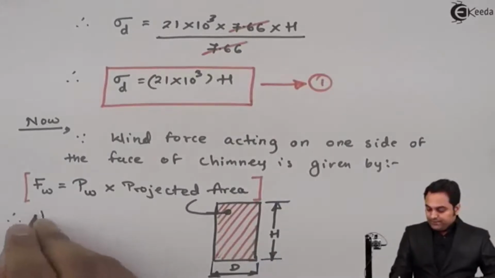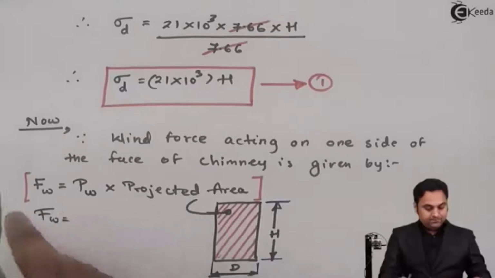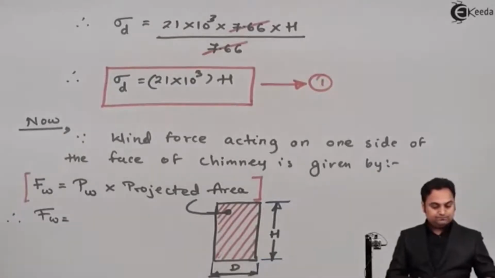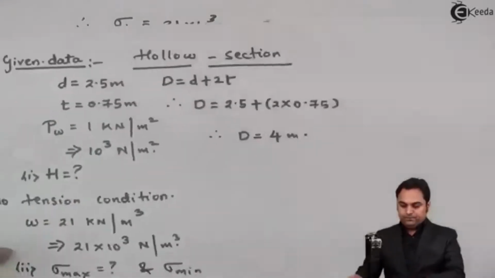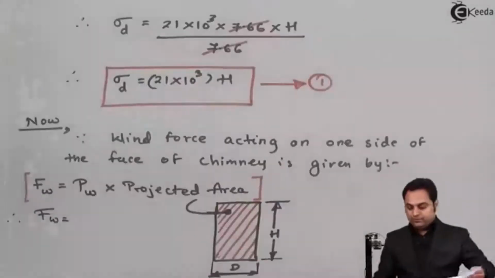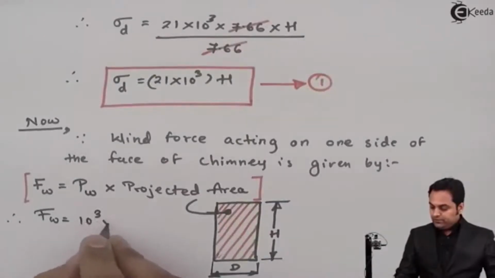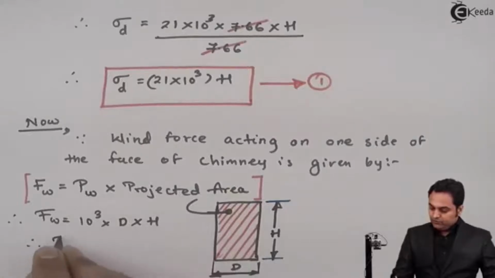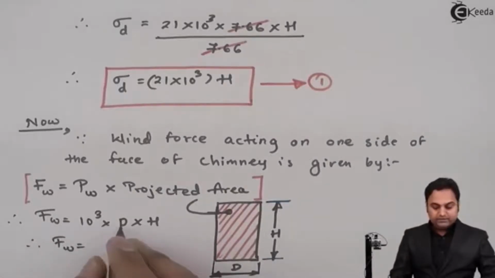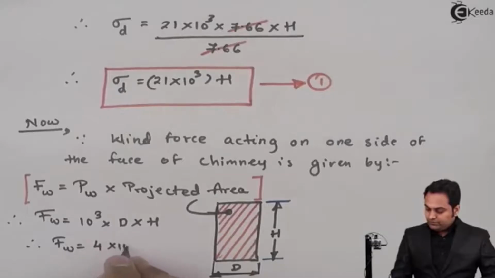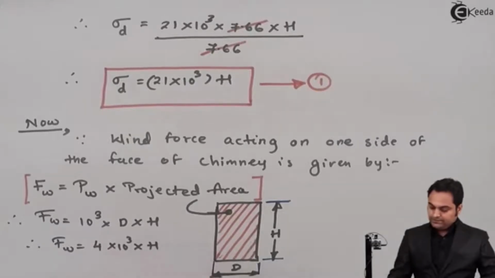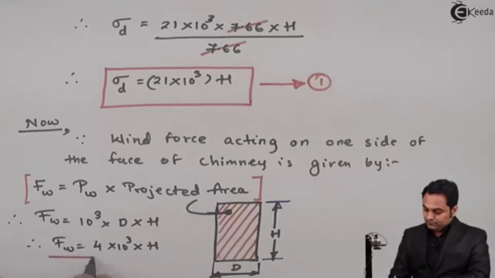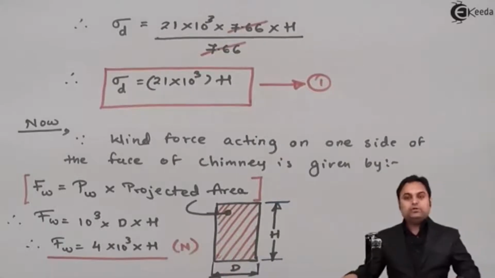So therefore F suffix W will become, wind pressure was 10 raised to 3, it is given in the problem, 10 raised to 3 Newton per meter square. So 10 raised to 3 into projected area, which is D into H. So therefore wind force becomes, here D is 4, so 4 into 10 raised to 3 multiplied by H. Wind force, we'll assume that it is in terms of Newton.